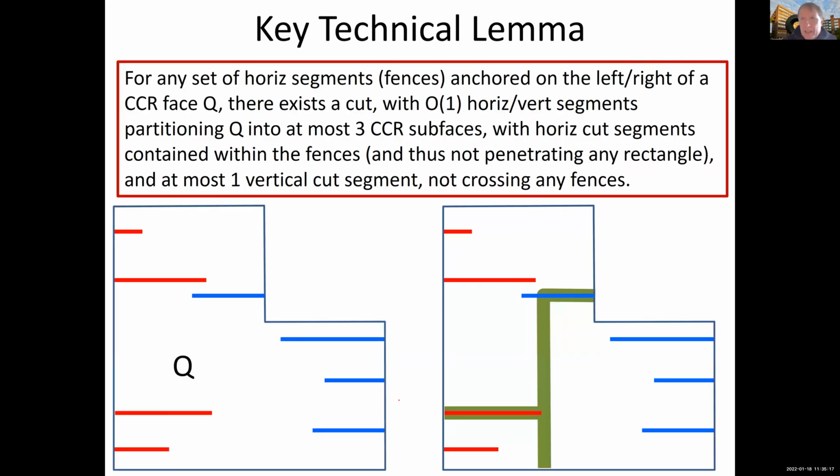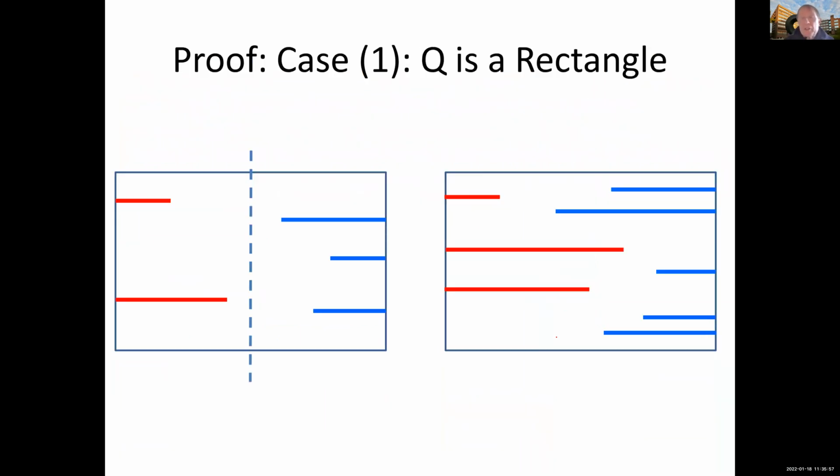And the key technical lemma is just that if you give me any CCR face Q, like this one, and it has some set of fences anchored on its right sides, left sides, these red and blue horizontal segments, no matter how you draw those, you can always find a valid cut, a cut that partitions it into at most 3 CCR subfaces, with the property that the horizontal portions go along fences and the vertical portion does not cross any of the fences. The fences are considered constraints. You can't penetrate them vertically. So now you just have to look at some cases.